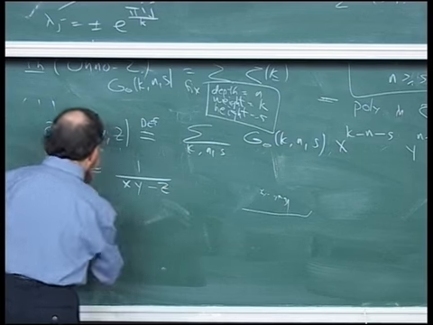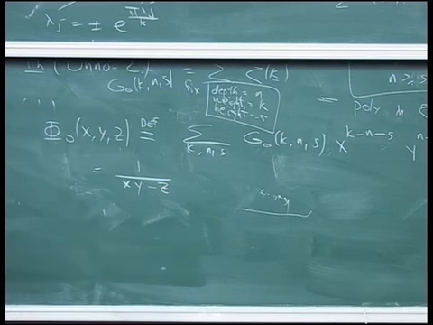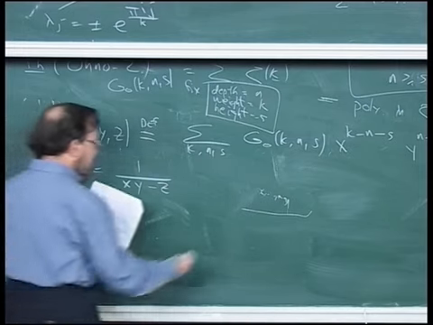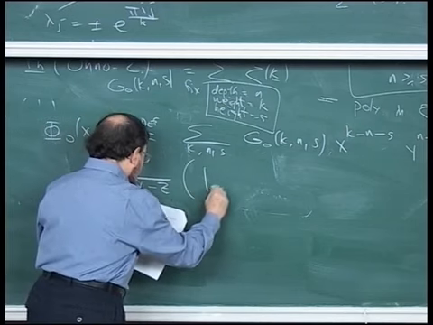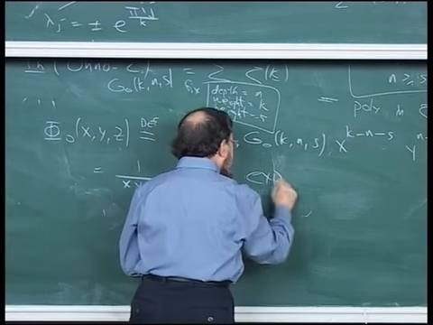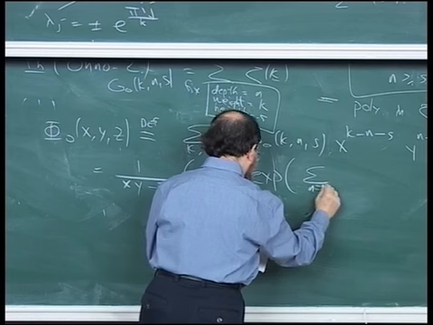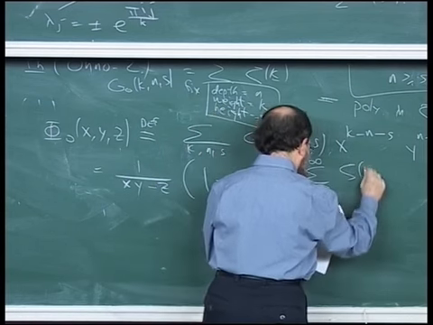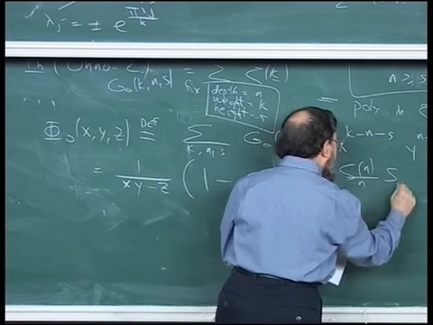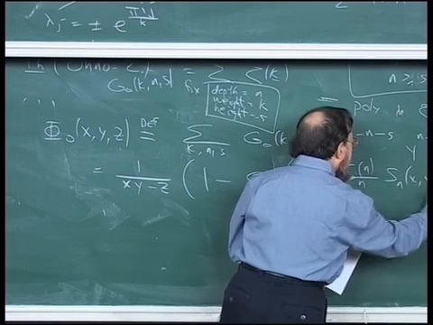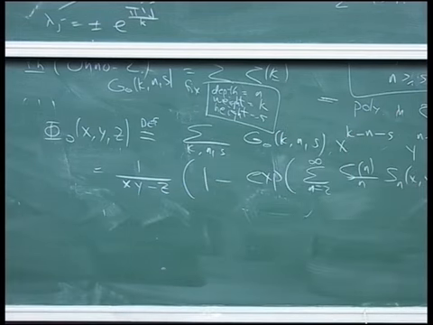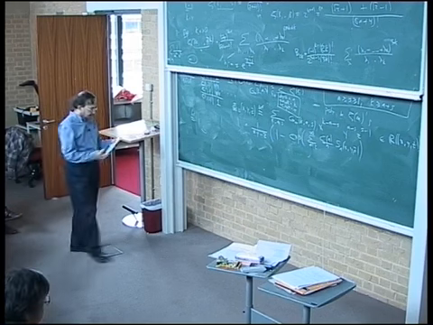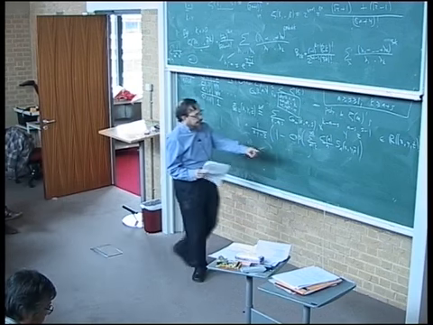a slightly confusing formula. It's 1 over xy minus z. You can write it in another form, I'll do that in a minute, but this is the useful one. You take 1 minus the exponential. So I'm going to define certain polynomials, Sn of x, y, z, which will be homogeneous of degree, I think, just n. And I'll define them in a second.